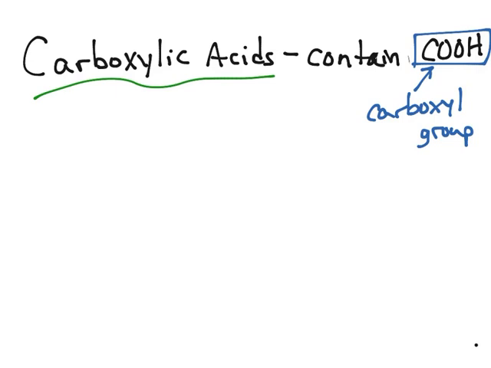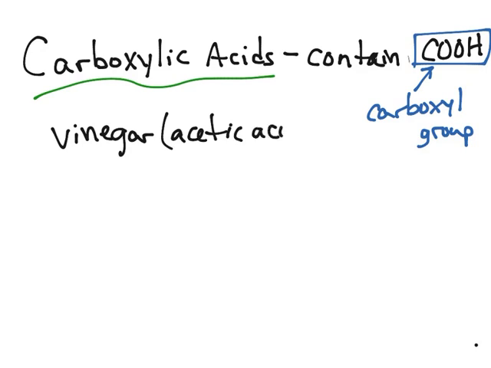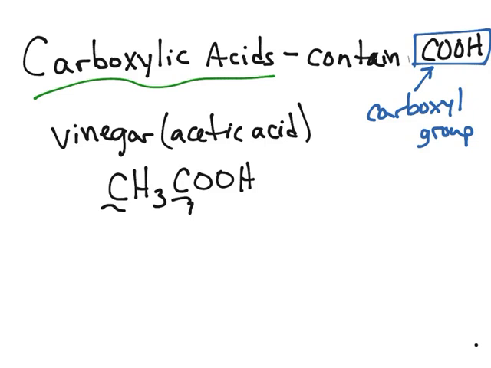Let's think about why. We'll think about vinegar, which is also called acetic acid. Sometimes you'll see the formula for vinegar written as CH3COOH. You might ask, well, why didn't they put these C's together or these O's together, these H's together? That's there to help you see the structure of this molecule.